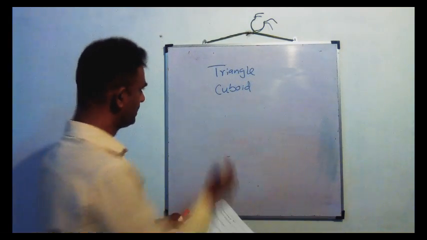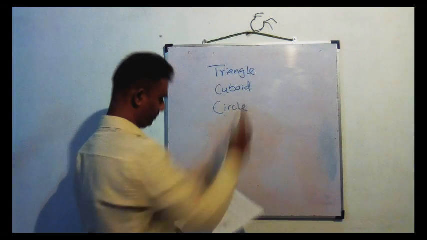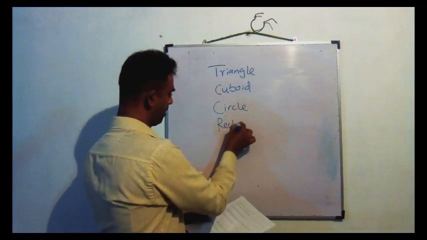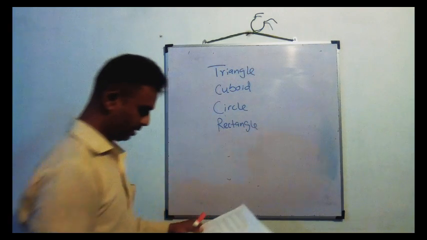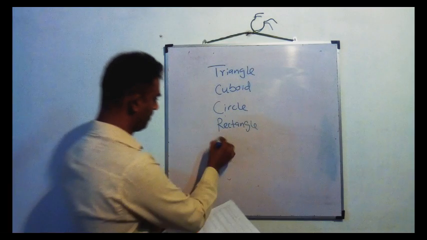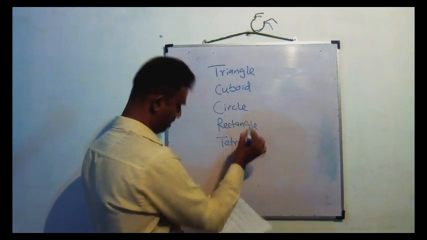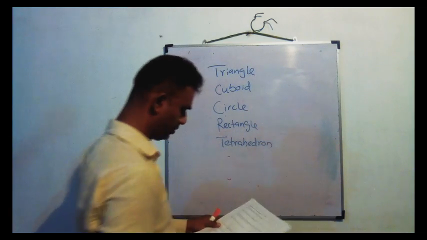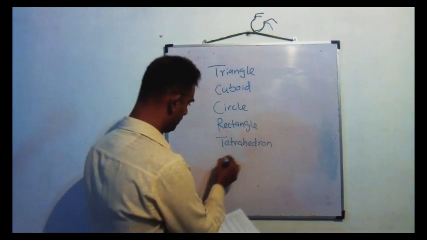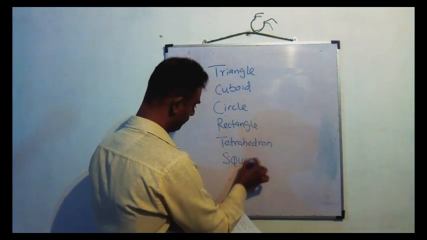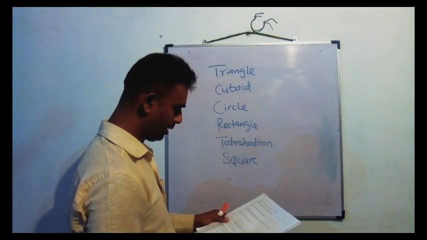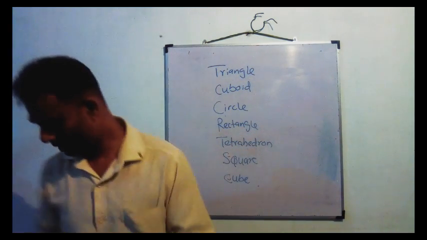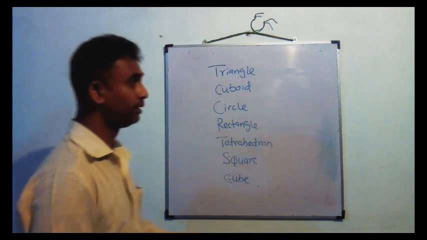Next one is circle. Other one is rectangle. Other one is tetrahedron. Next one is square. Next one is cube. I'll explain like this.